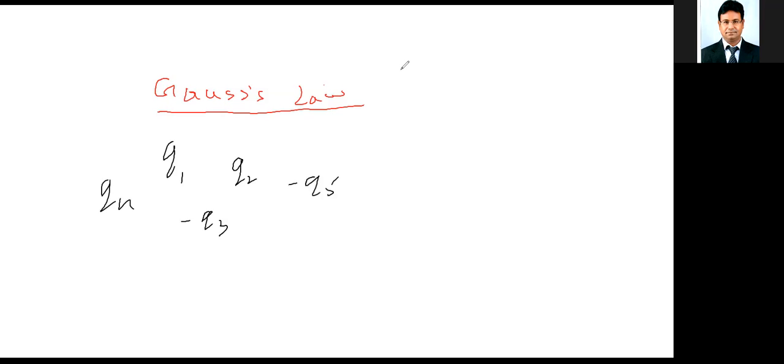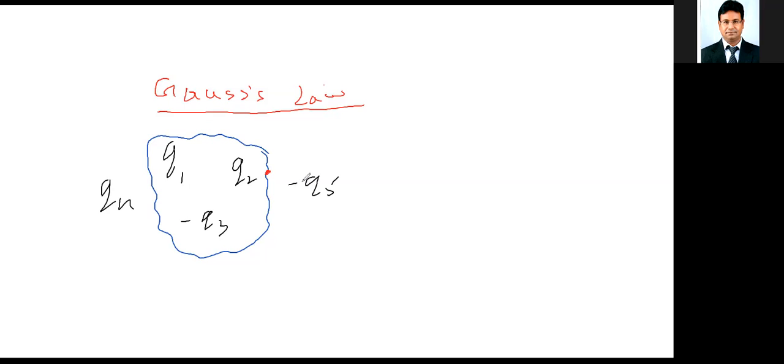Then Gauss law says I can choose a surface of any shape, and then I can find the electric field at some point on it.